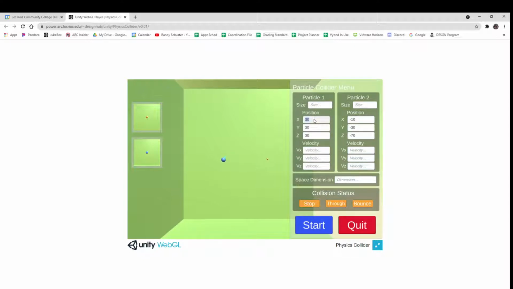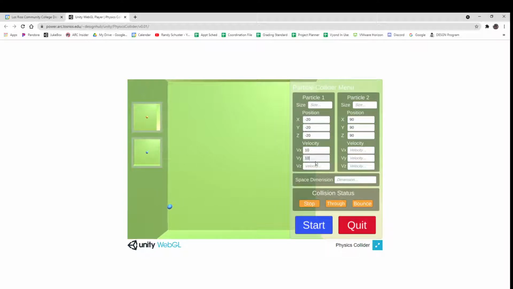So, as an example, if I start at -20, -20, -20, and my other one starts at 90, 90, 90, and I want to give them starting velocities where I know that they'll hit.